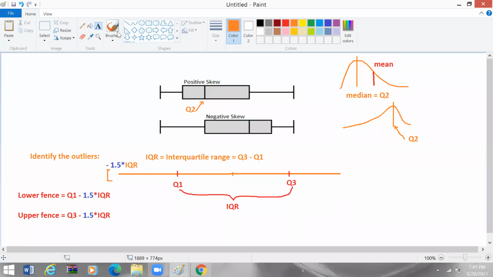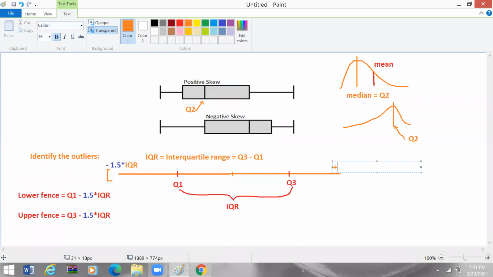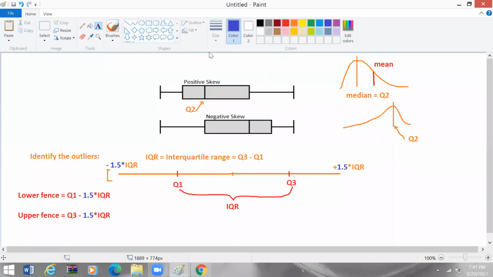Then we take Q3 plus 1.5 times the IQR, so you're making this longer, and this gives me the fence setup right there.